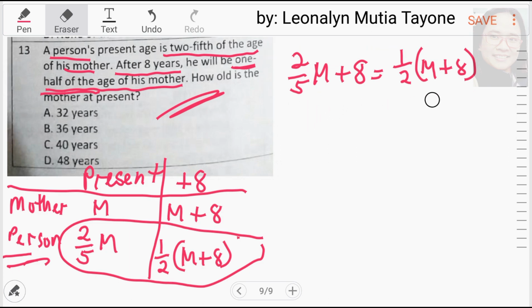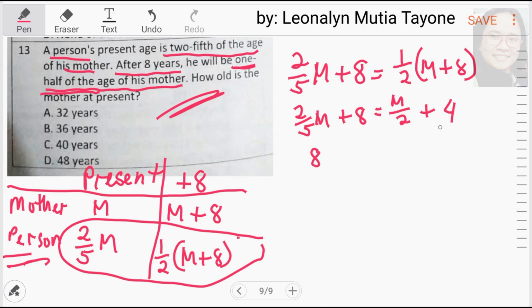Next, isolve na natin ito. Hanapin natin yung value ni M. Dito muna tayo sa 1/2 of M, that is M over 2 plus 1/2 of 8, and that is 4. So, ito, kopyahin lang natin si 2/5 M plus 8. Ipagsama natin ang mga like terms.